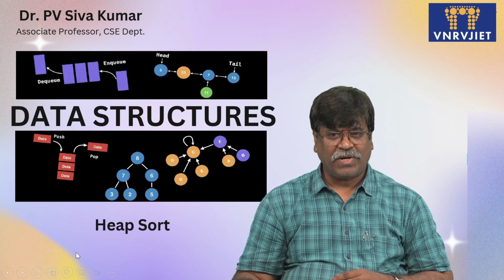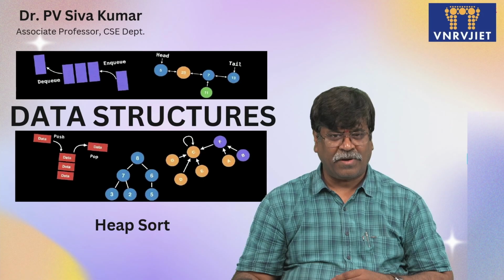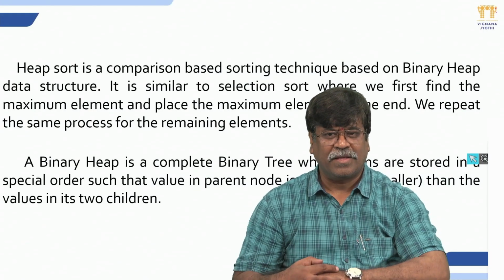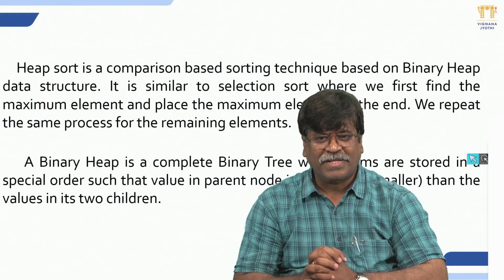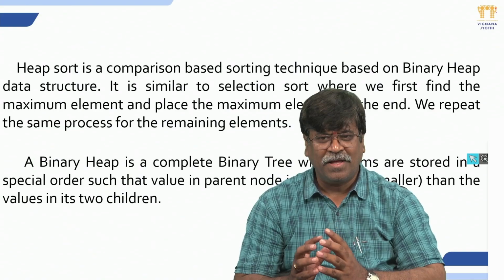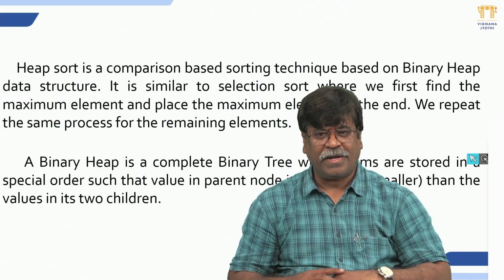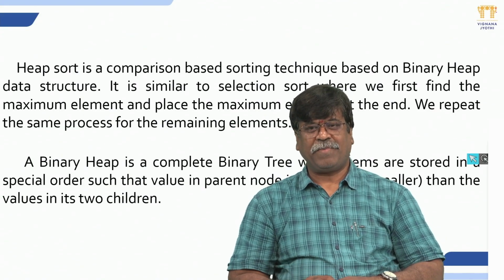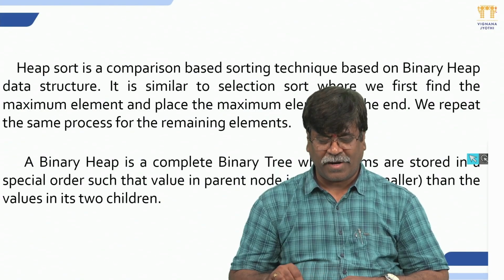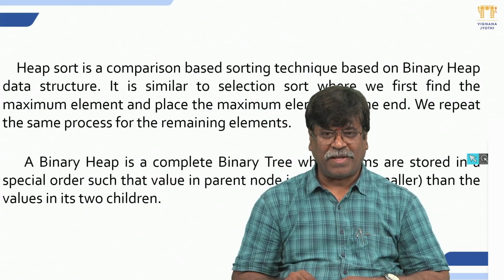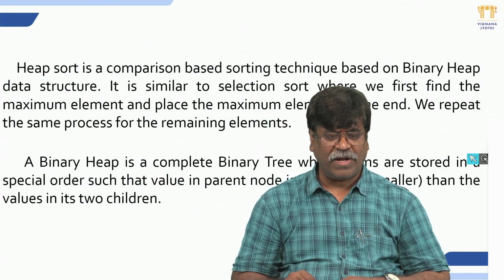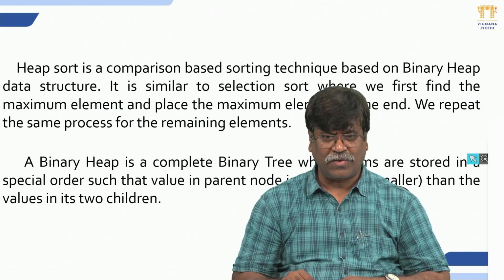When you want to sort the data by using heap sort, we are going to use either min heap or max heap. Max heap means that when you are constructing the binary tree, we keep the maximum element of left child, right child and root in the root place. So we compare all the values of left child, right child and root.